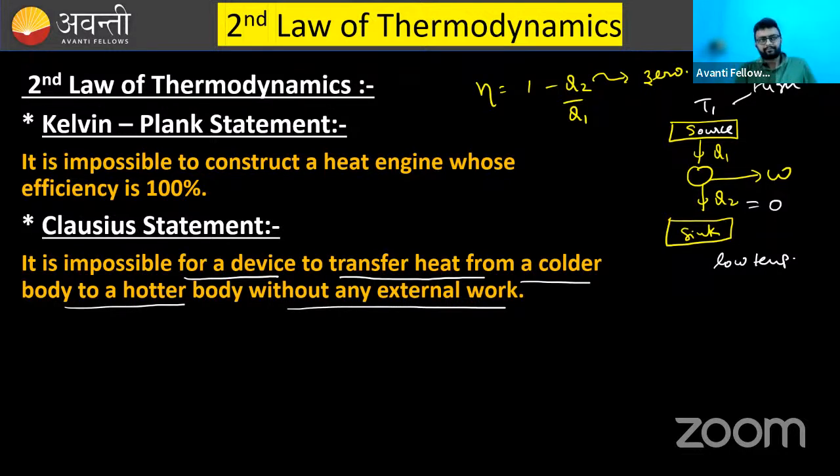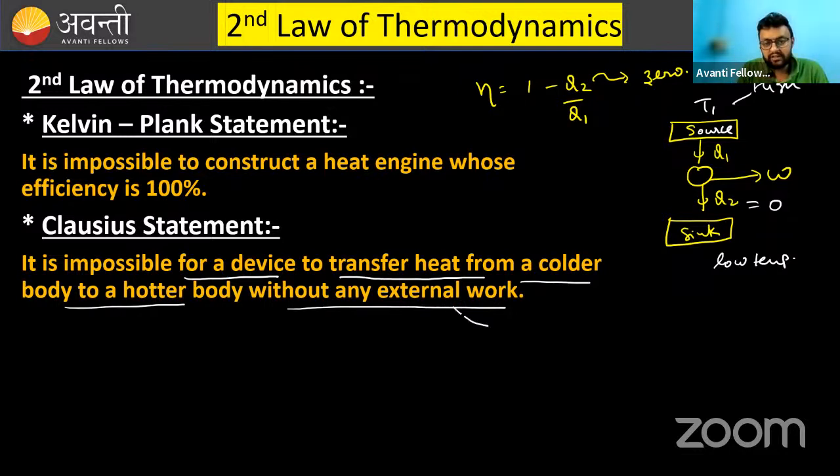Have you ever seen that heat is transferred from a colder body to a hotter body? Always, the heat transfer we have studied takes place from a high temperature body to a low temperature body. So the statement is: heat cannot be transferred from a colder body to a hotter body without any external work.